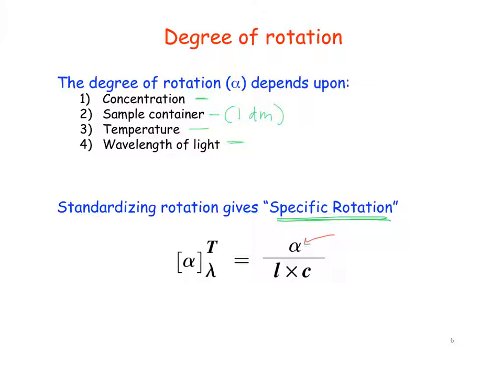So this alpha value is our measured rotation, or our observed rotation. This is what we would get from the instrument. The L is the length of our sample container, and like I said, this is usually in decimeters.